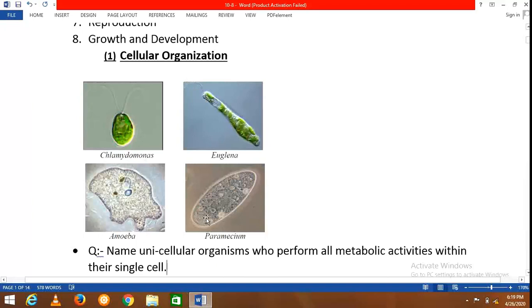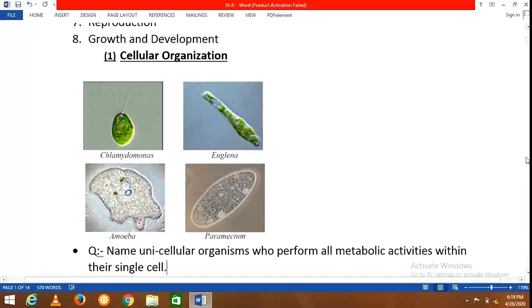And again Paramecium, which is a ciliated protozoan, it has the shape of the sole of a shoe and the whole body is covered by cilia. These are used for locomotion. So these are some of the unicellular organisms, and you know bacteria are also unicellular, like Lactobacillus, Vibrio.